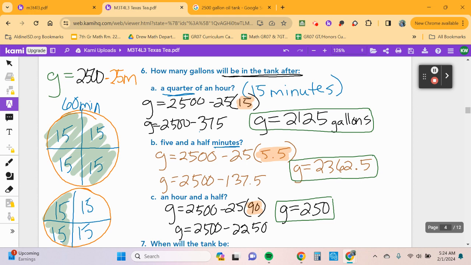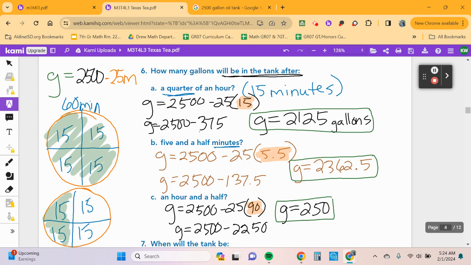And for 6C, 25 times 90, because an hour and a half, so 60 minutes plus 30 more minutes gives you 90 minutes total. That gave us 2,250. I subtracted that from 2,500 and got 250 total gallons.